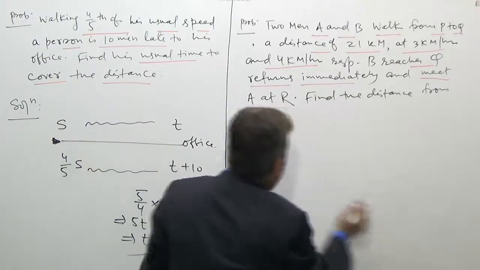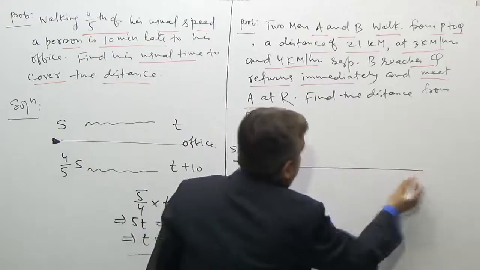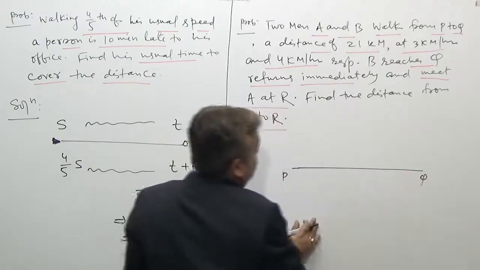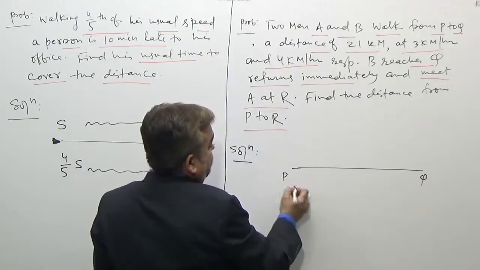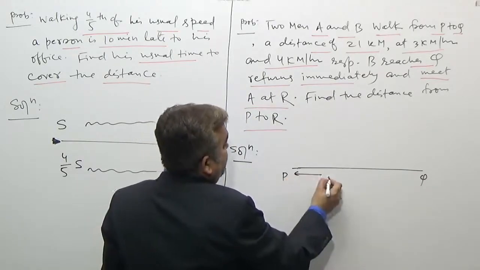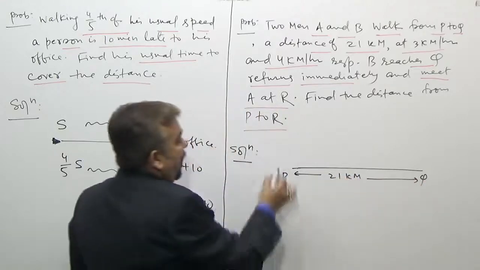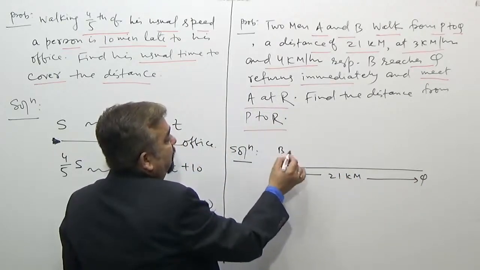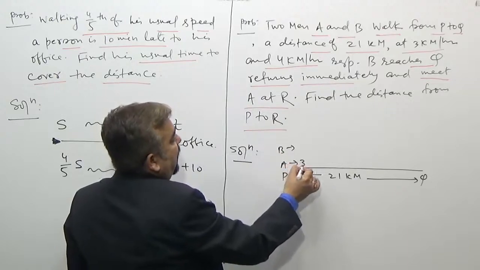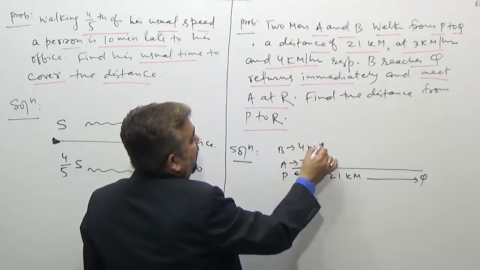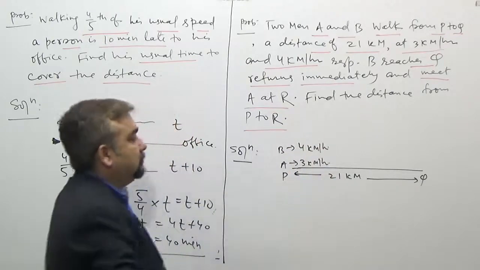See, this is P, this is Q, and the distance is 21 km. Now A and B start from here. A with the speed of 3 km per hour, B with the speed of 4 km per hour.